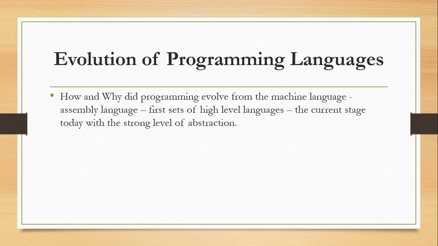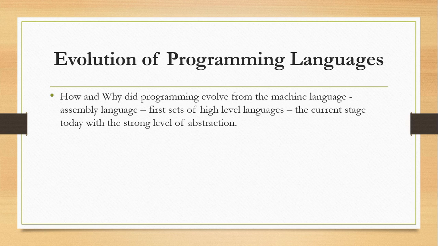I'm not really explaining the major difference between low level and high level very well. When we talk about the evolution of programming, we'll be able to look at the whole thing in detail: how programming languages evolved from machine language to assembly language, and then to high level language. We'll also see the differences between the two levels of programming, and the advantages as well as the disadvantages.